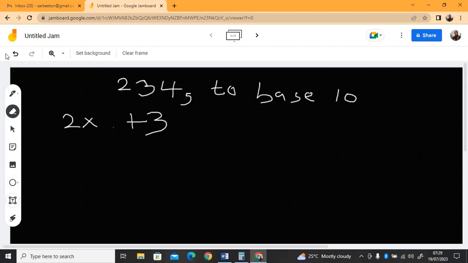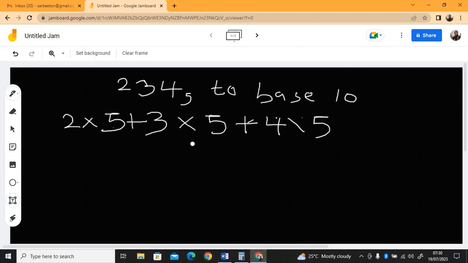This should be 5, not 3, because it is in base 5. So here should be 2 times 5, 3 times 5, plus 4 times 5.